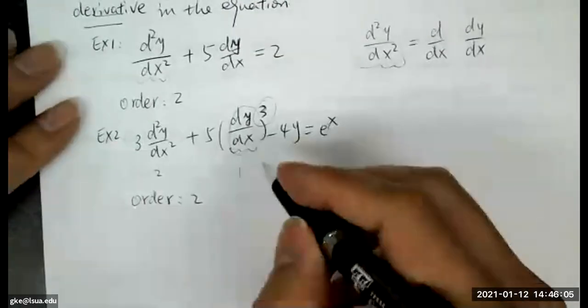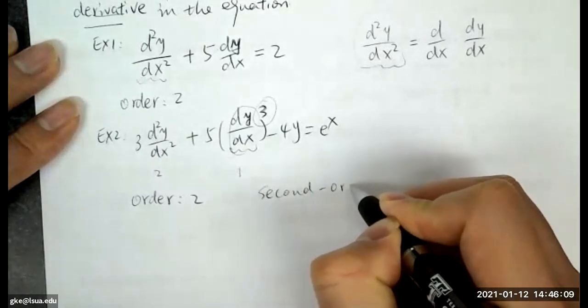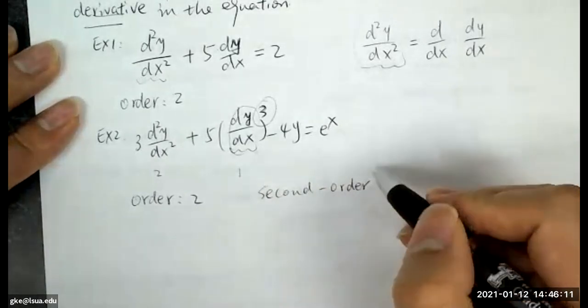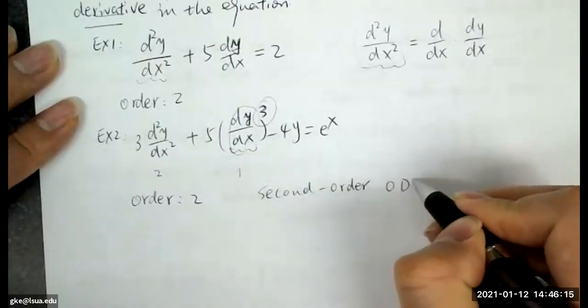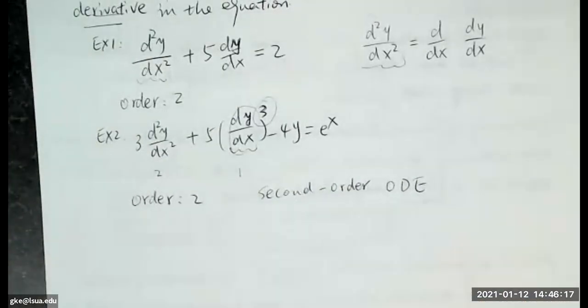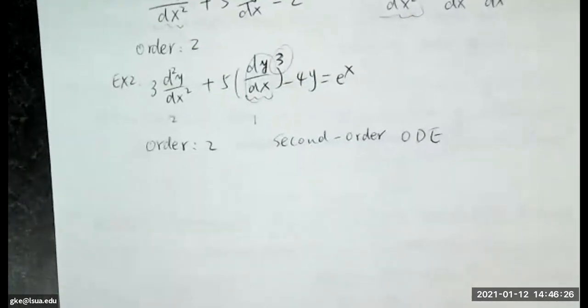Okay, and of course, people can say that is a second order differential equation, or second order ODE, because that is one variable, right? One variable. Now let's take a look at another one. Example 3.